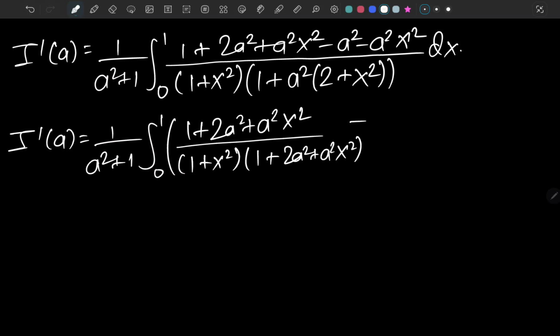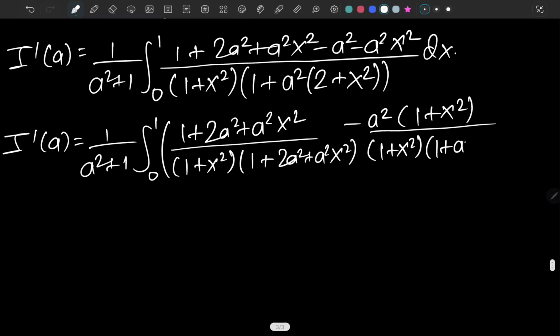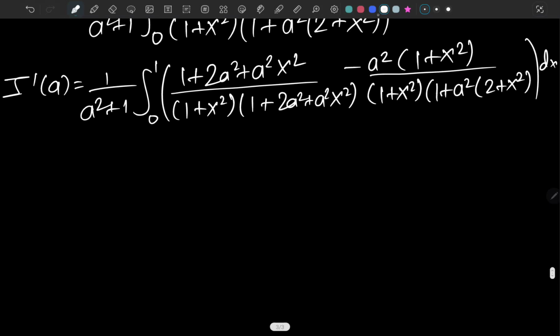And if I'm talking about this part, if you take negative a squared common, that's going to give us (1 plus x squared) over (1 plus x squared) and times this big looking thing, (1 plus a squared) (2 plus x squared) and dx. Okay, so from here we can say that this thing and this thing get cancelled out, and this one gets cancelled out successfully.